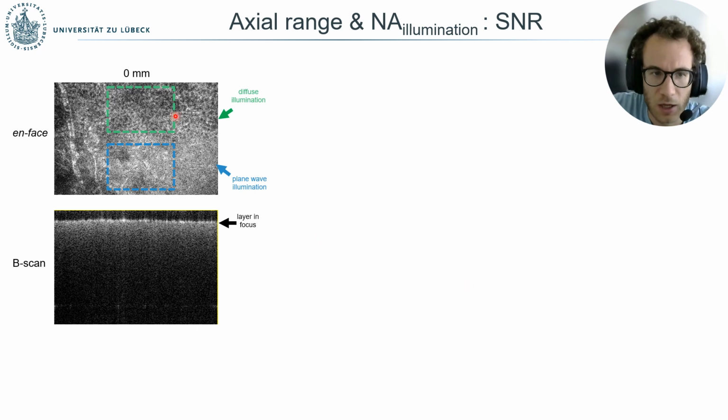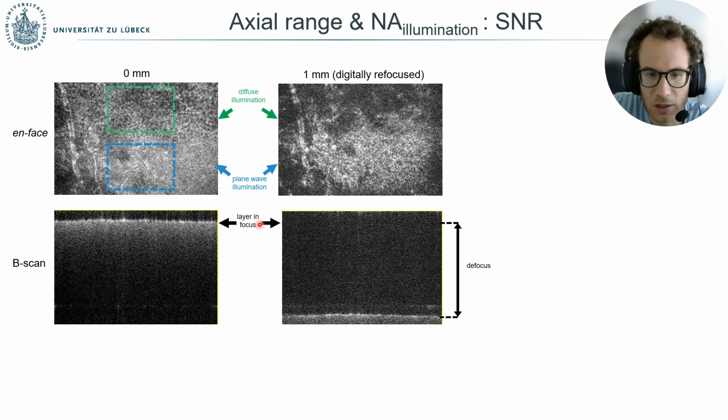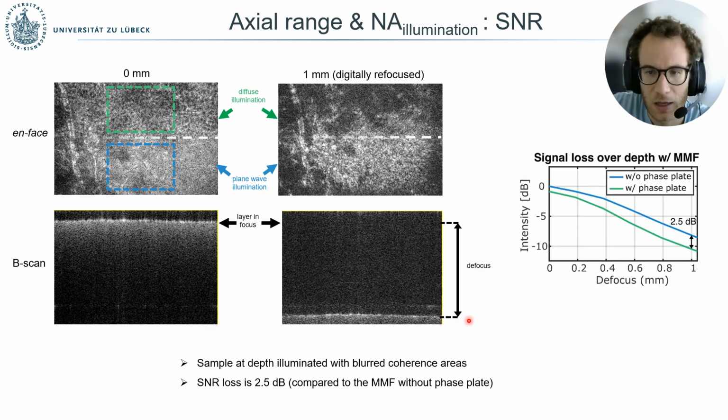So we had a piece of paper illuminated with diffuse illumination or plane wave illumination, and we imaged it at 2 different depths, and then we checked how much intensity we were losing over depth. We could see that for a defocus of 1 millimeter we were losing something like 2 dB or so, which is very negligible compared to the problem that we had with the detection.